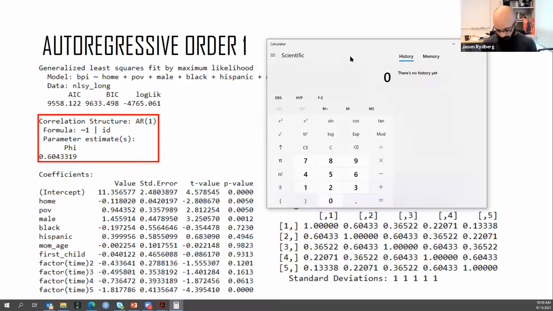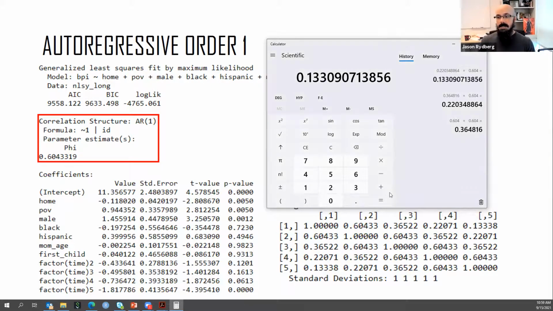Oh, that's right. Basically, 0.604 squared, 0.604 cubed, 0.604 to the fourth. Basically, keep multiplying by this value and you will get this decay function. That's the autoregressive decay.